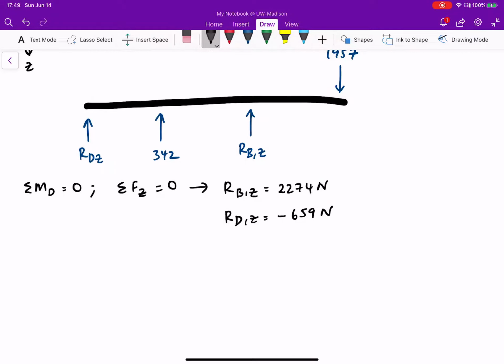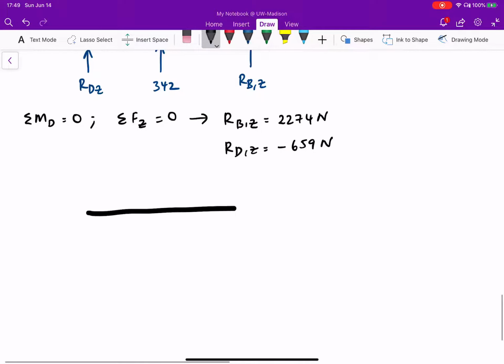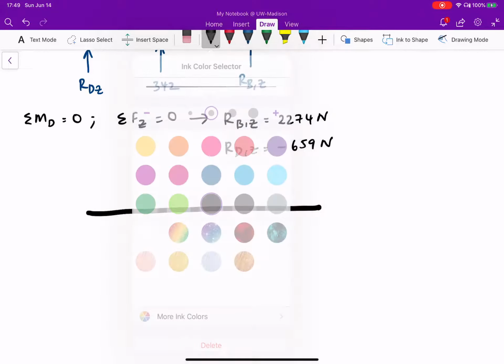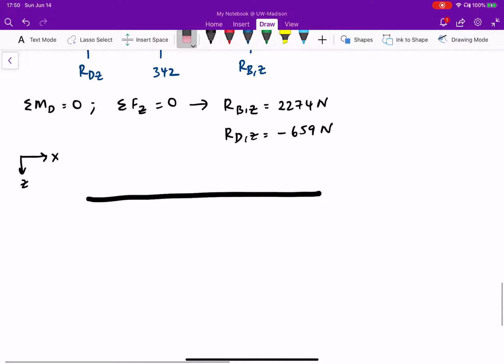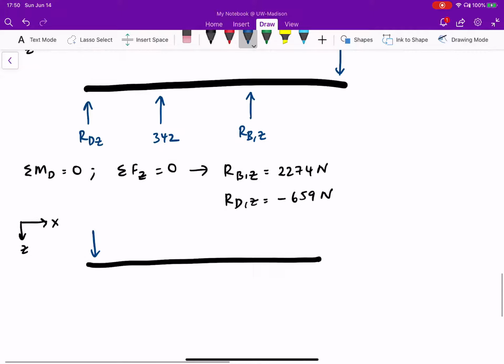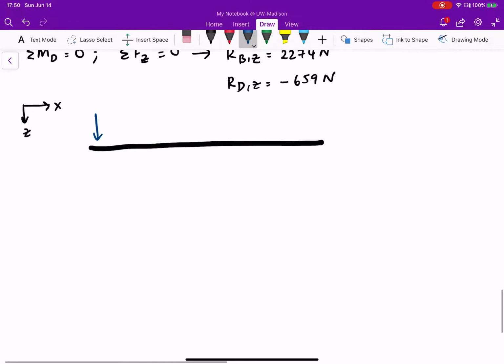So I'll redraw the free body diagram. The arrows are in the right direction. Z is pointing downwards. X is pointing across. We have 659 in the positive Z because it's reversed from my initial direction.